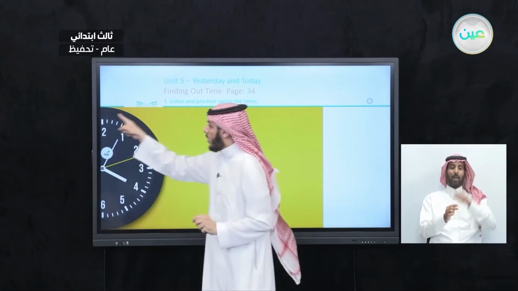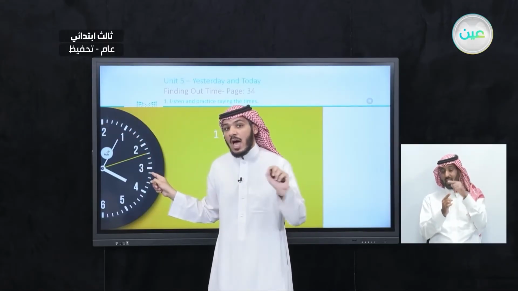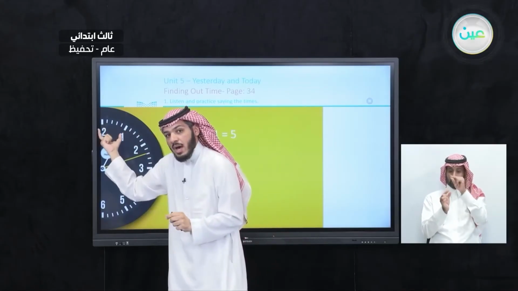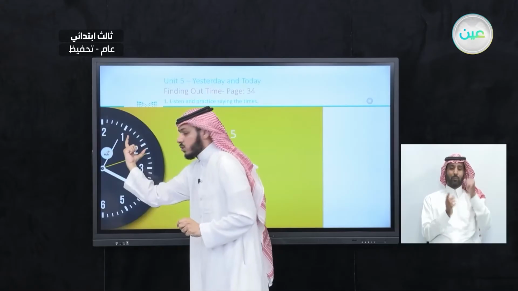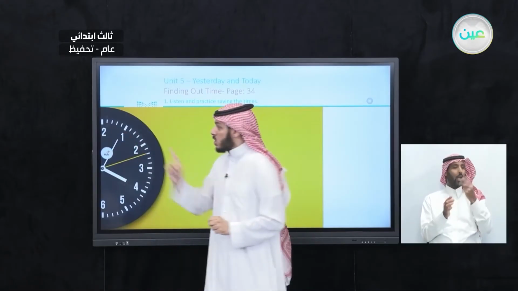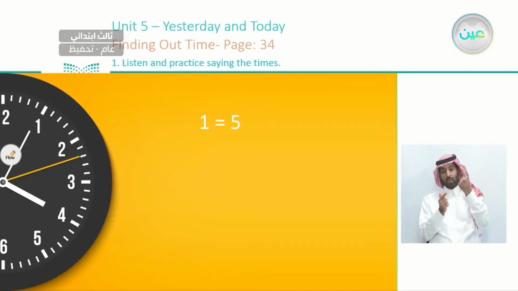Numbers 12, 1, 2, 3 are hours, but between 12 and 1 there are minutes. Between 1 and 2, minutes. So let's count the minutes. After 12, we have 1, 2, 3, 4, 5.